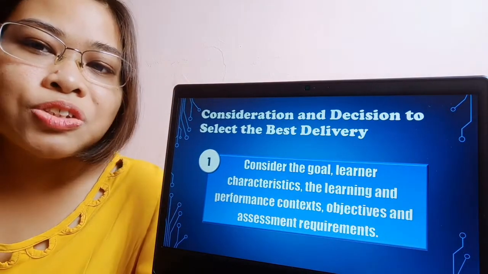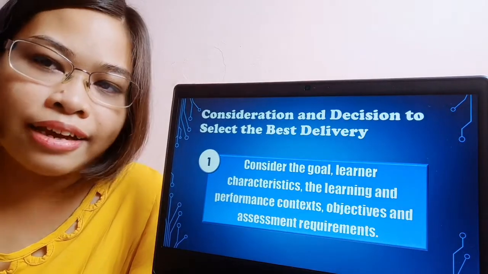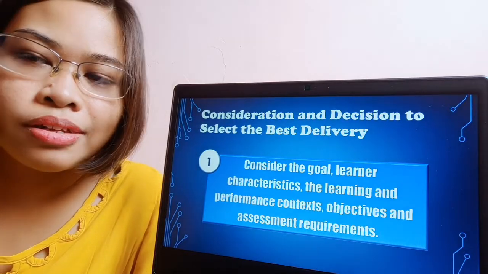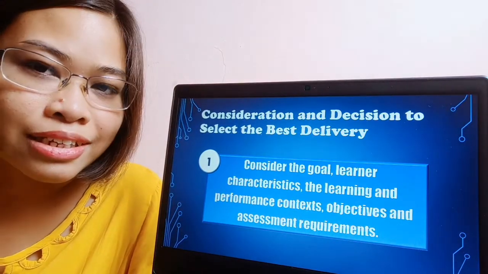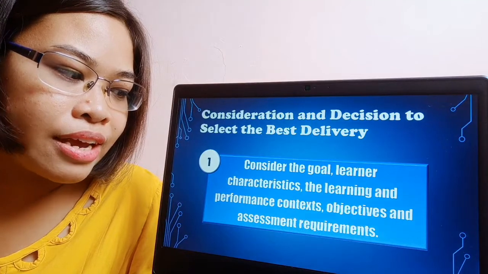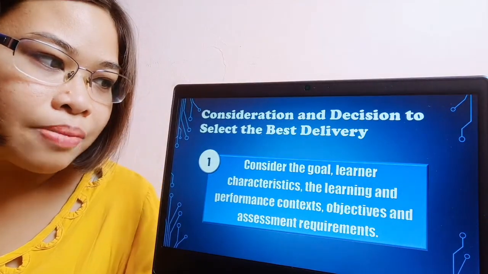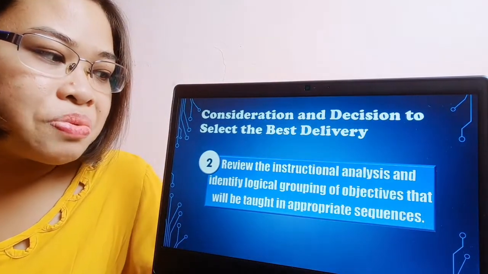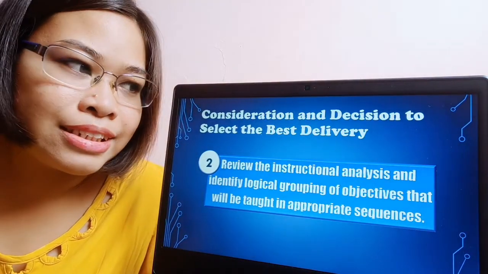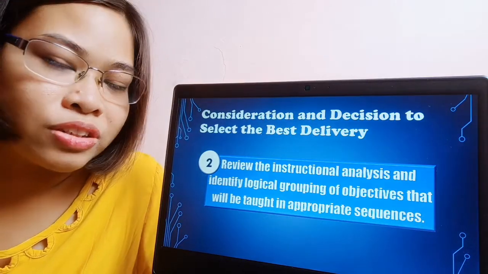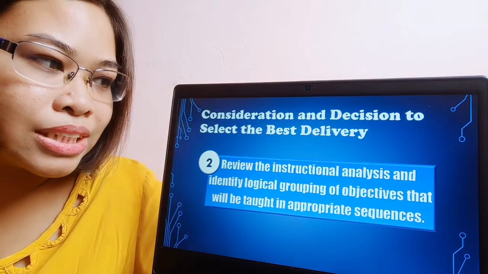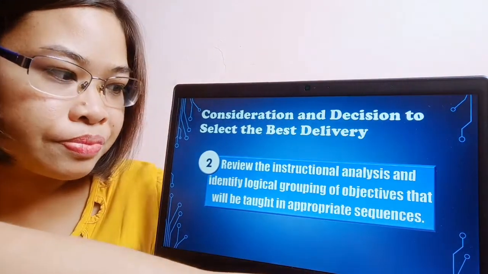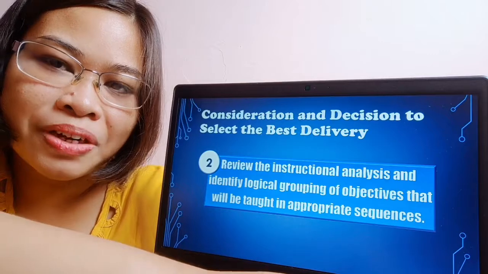The following are the considerations and decisions to select the best delivery. Number one, we have to consider the goal, learner characteristics, learning and performance context, objectives and assessment requirements. Number two, we need to review the instructional analysis and identify logical grouping of objectives that will be taught in appropriate sequences.